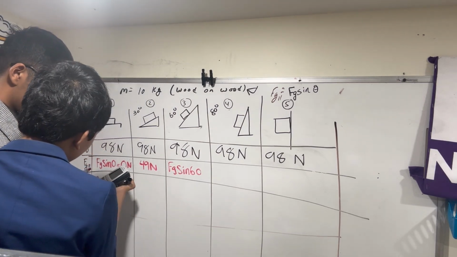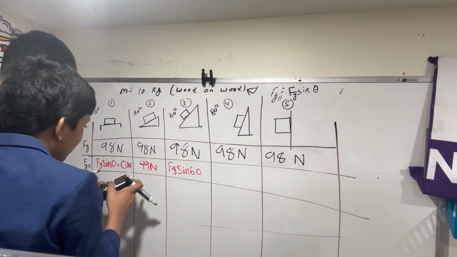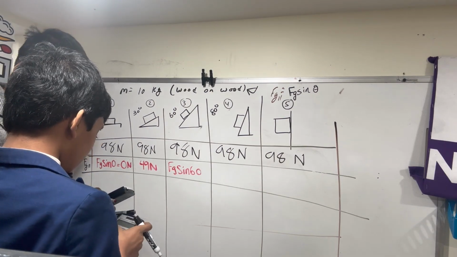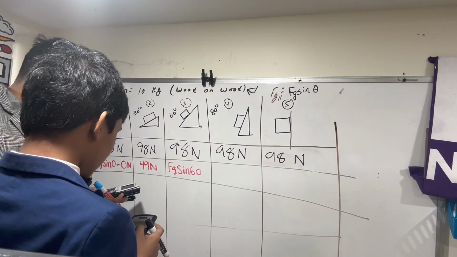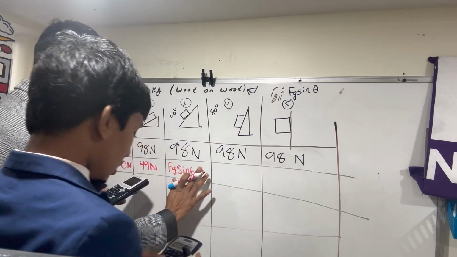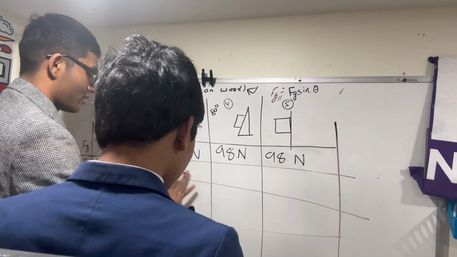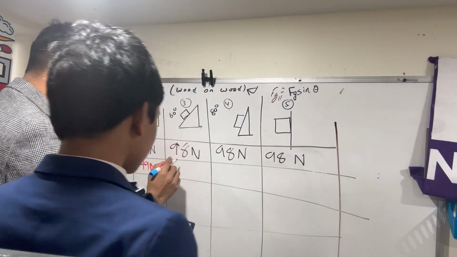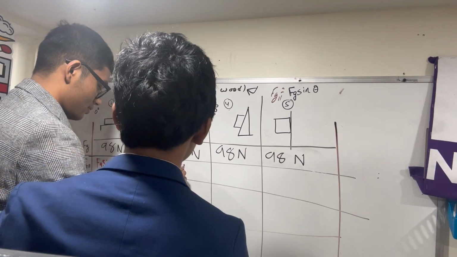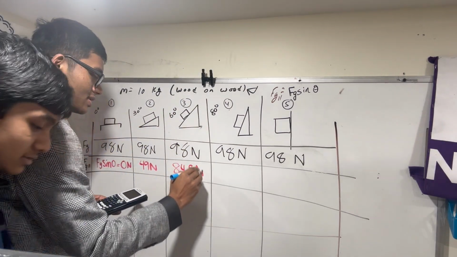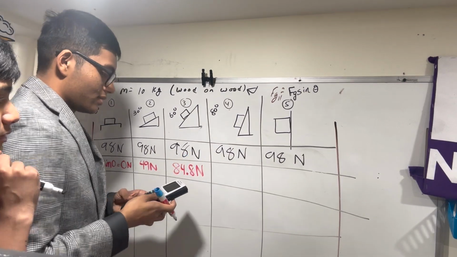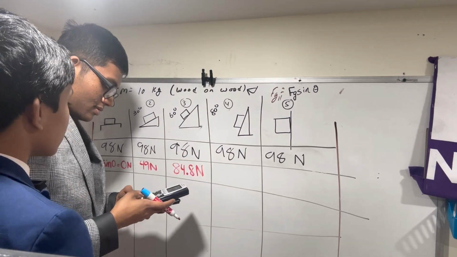Check again. Let me check sine of 30. Okay, I got it right. It's 84. It makes sense because I accidentally put 90 instead of 98. So 84.8 newtons. Just round it to 85.